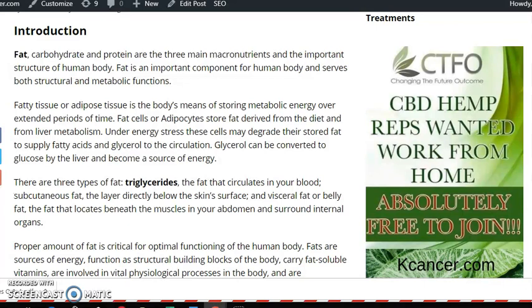For fat, one of the most important functions is energy storage. When we eat excess food and use some of our energy, the excess part of the food, such as fat and carbohydrate, will be transformed to fat, and the energy will be stored in the human body in the form of fat.